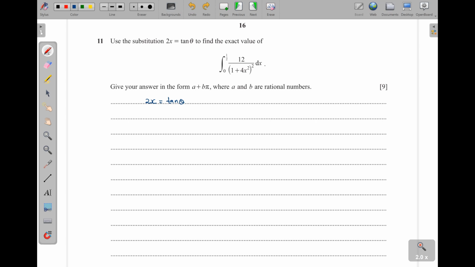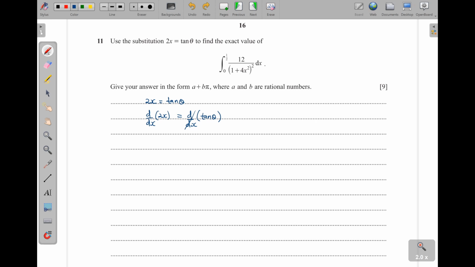Okay, I will differentiate everything with respect to x. So you'll have to differentiate this one here with respect to x. It's like I've done nothing because this one can cross with that.